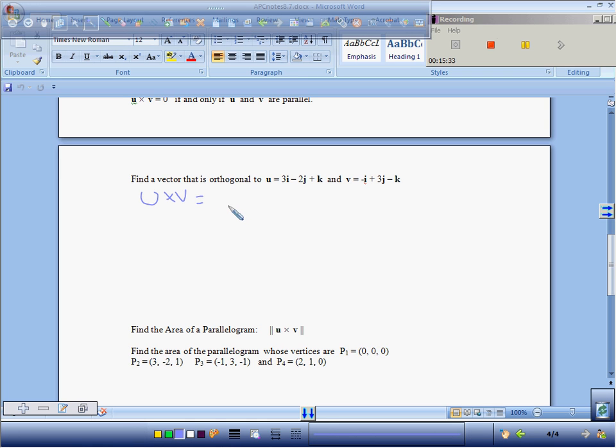And that's equal to the determinant I, J, K, 3, negative 2, 1, negative 1, 3, negative 1, and then you just do it out. So what do you get for what goes in front of the I?